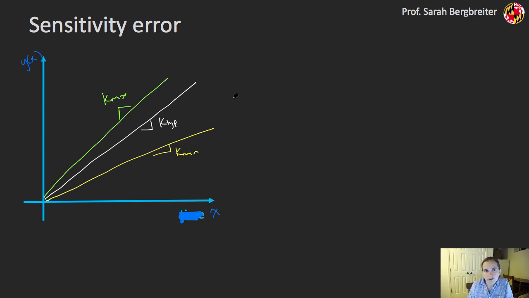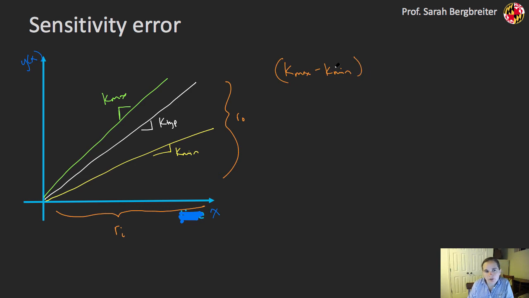One way to quantify this sensitivity error, in addition to using the output range that we've used before, is also using input range right here. So maybe this is my output range and my input range. In this case, I'd look at my K max minus my K min.